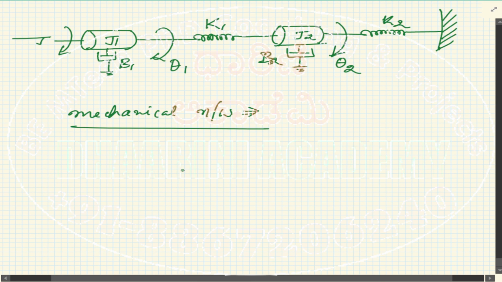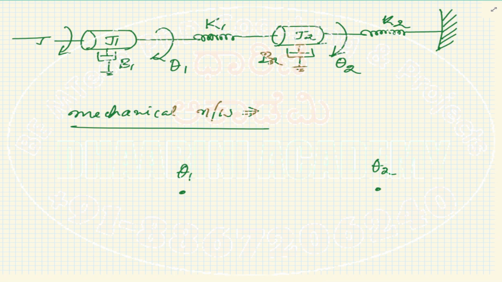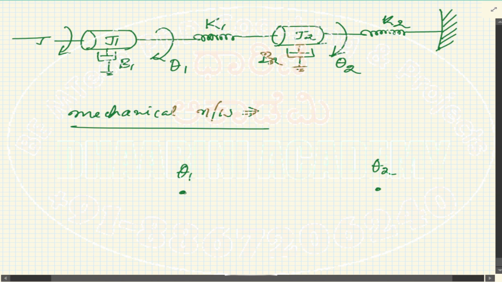So let's mark them. This is theta 1, this is theta 2. Connected to theta 1, we have the input. J1 and B1 are directly connected to theta 1. K1 is between theta 1 and theta 2.